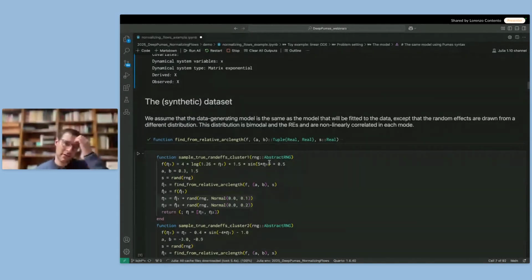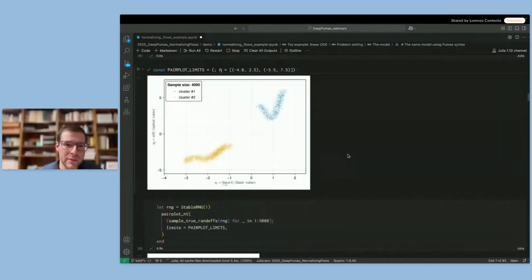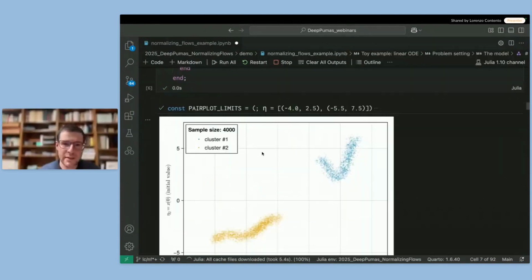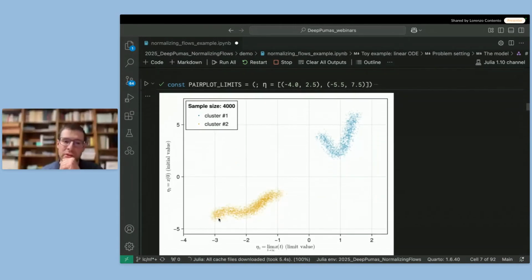So this essentially introduces all the problems that I've shown you in the first slide of my presentation. So these are points drawn from the random effects distribution that is used to generate the synthetic data set. And we can see that we have two clusters and that in each of them, we have a clear nonlinear correlation between the random effects.